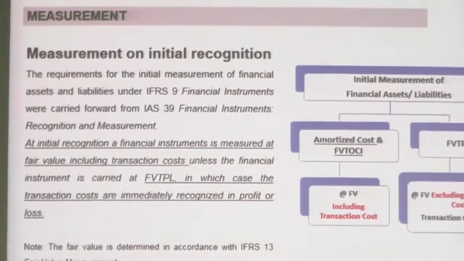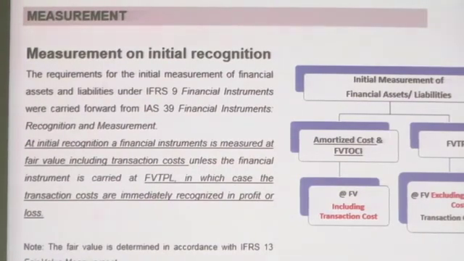Generally day 1 gain no loss goes to profit and loss. Is that clear? Total will take at the same time if fair value measured according to level 1. If fair value not measured according to level 1 using unobservable data, you will take over the period. Is that clear? That's the point.